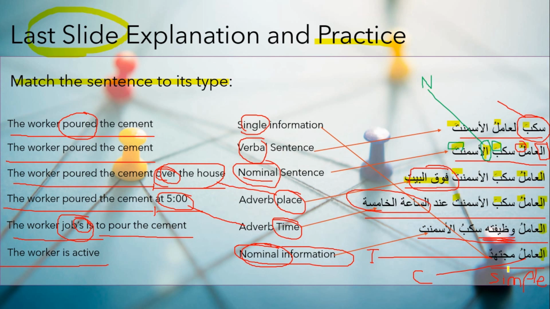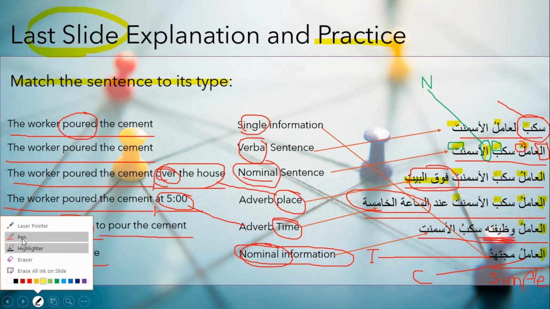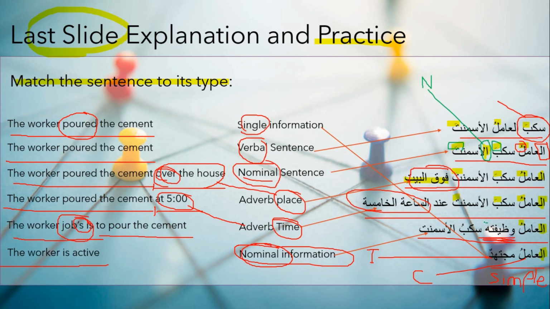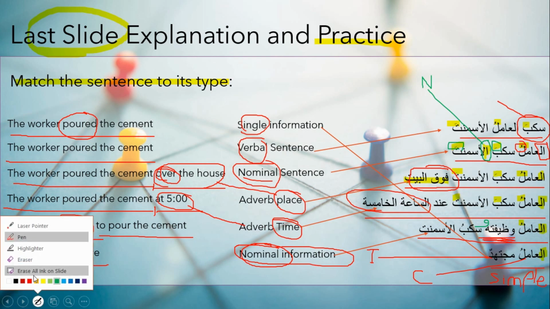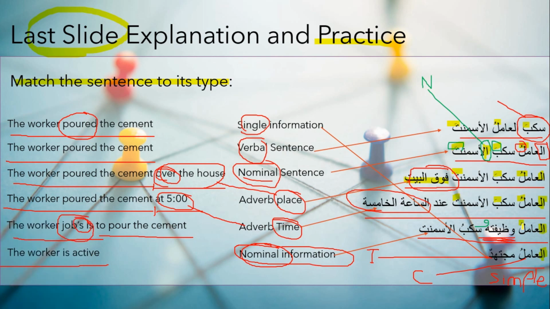That's a noun. To differentiate, we have to know that if it starts with al, as I was just saying. Here in the fifth example, وظيفته has the apostrophe s, the possessive s. That's the nominal information in the Arabic language.